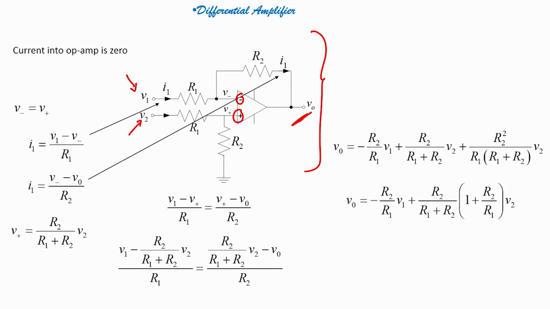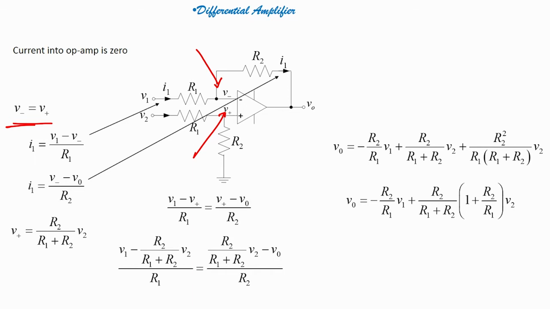You see these points, one is V minus, another one is V plus. Now, what can I see? V minus equals V plus. How? Because the current into the op amp is 0, or because of the virtual ground concept.